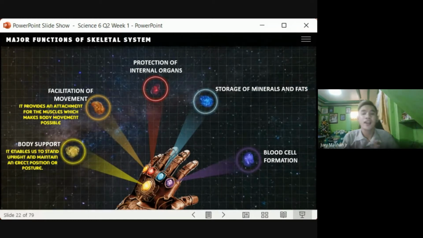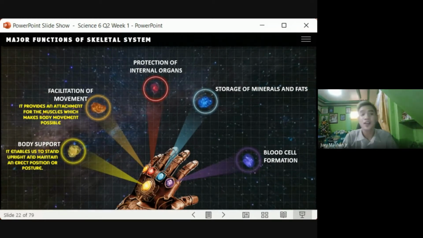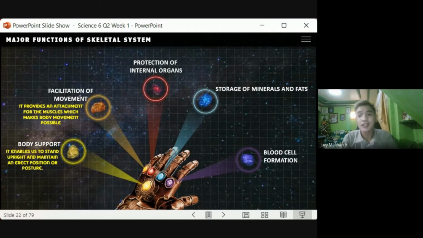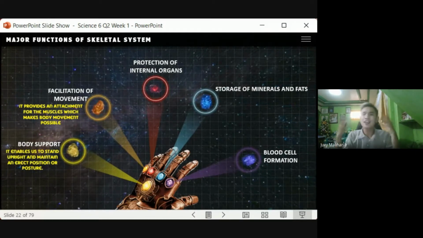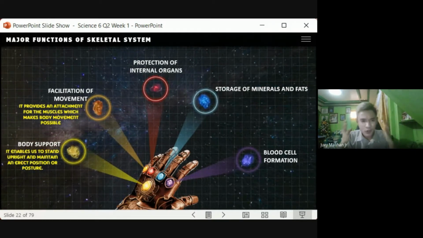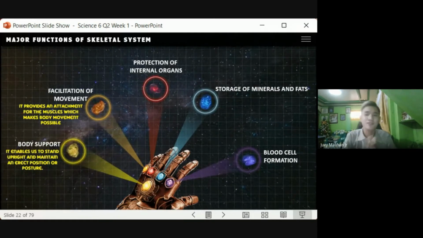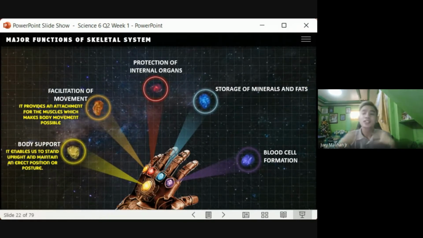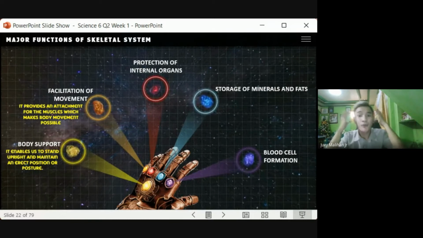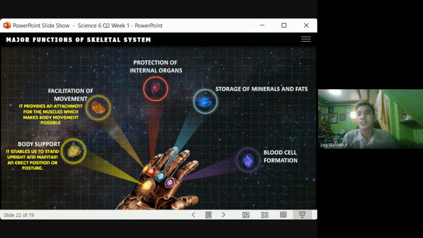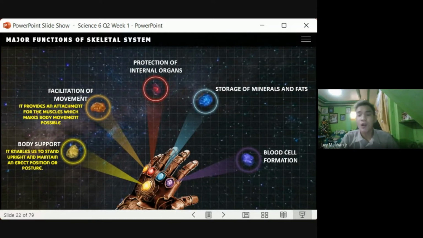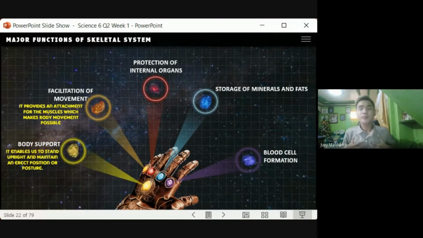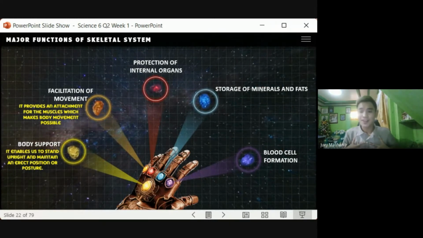All right? Okay, so the next function class is protection of internal organs. Okay, so just like our skull class, ano ba ang pinoprotect ng skull natin? Yes, very good, our brain. So the skull protects our brain, which is the very important part of our body. Okay? Also our ribs. Ano kayang pinoprotect ng ating ribs? Very good.